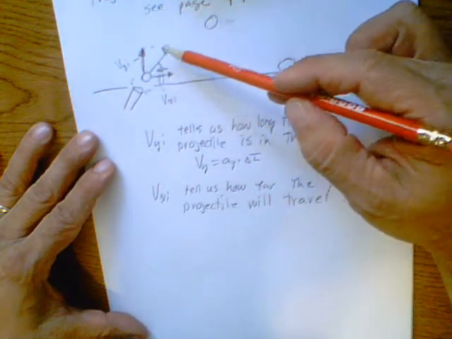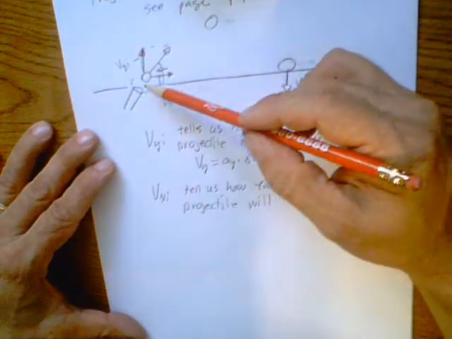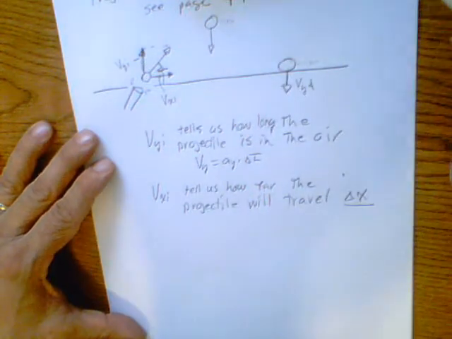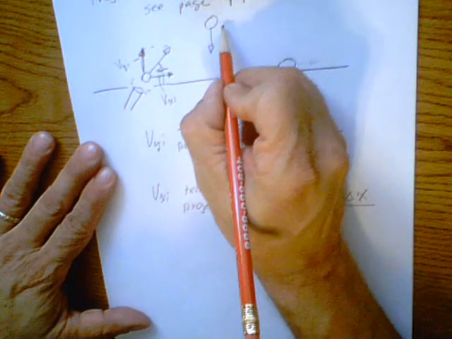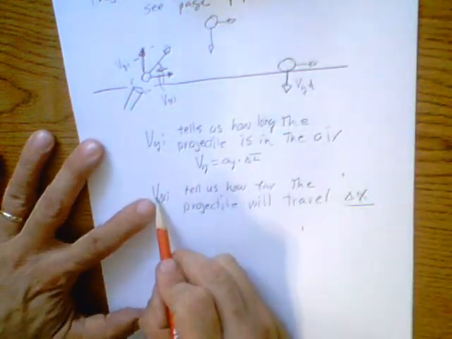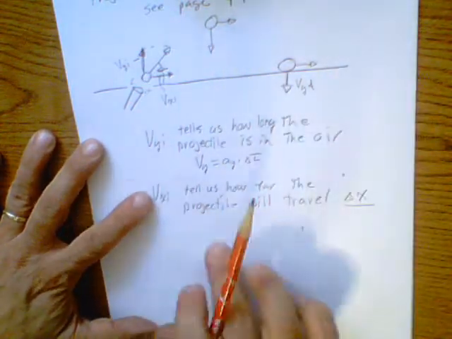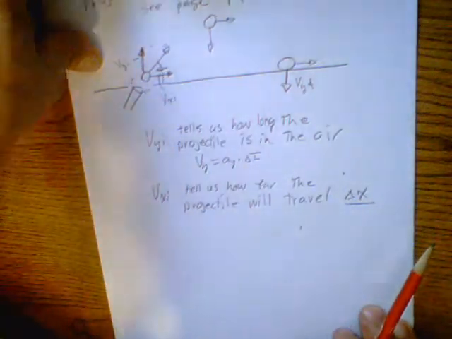This vector would be positive on the way up, and then it'll be negative on the way down. You should also remember that we always have a negative acceleration of 9.81. And this horizontal vector, this vxi, will remain constant throughout. That's the whole reason why this works, is that vector is constant.